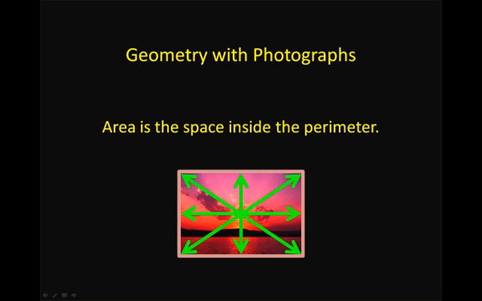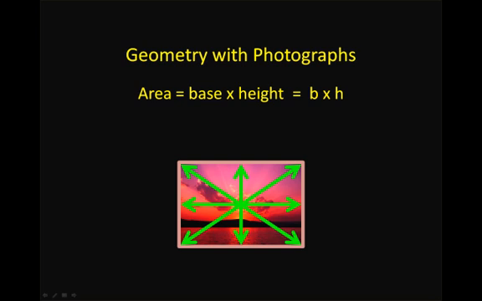So now remember that our area is the space inside the perimeter, inside our fence or our edge. And the formula for the area is the base times the height. And that can be written as B times H. And we're going to multiply this time.